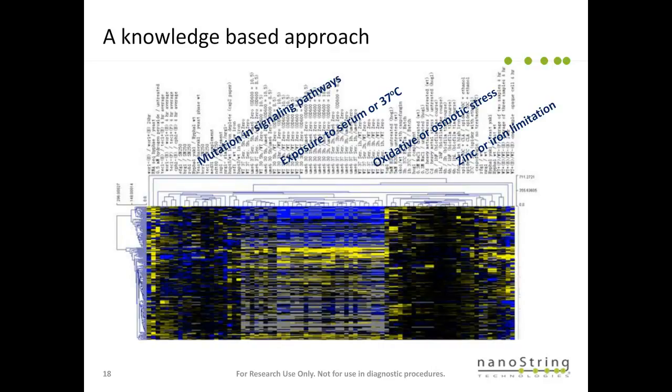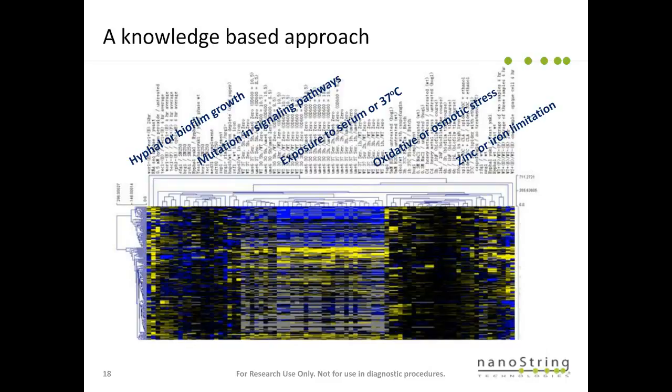This also includes mutations or signaling pathway changes, as well as hyphal and biofilm growth, which is directly linked to infection. I want to stress that all those studies are mostly in vitro studies where RNA is easy to get, but they tell us a lot about Candida albicans.